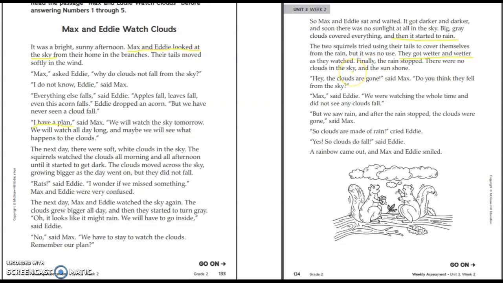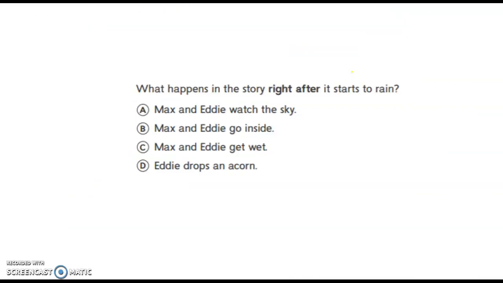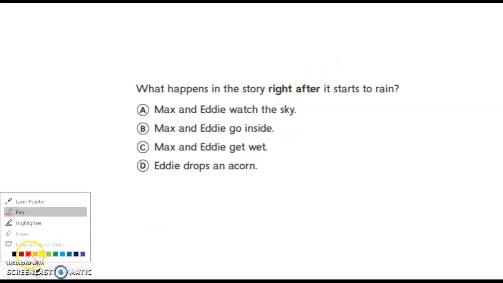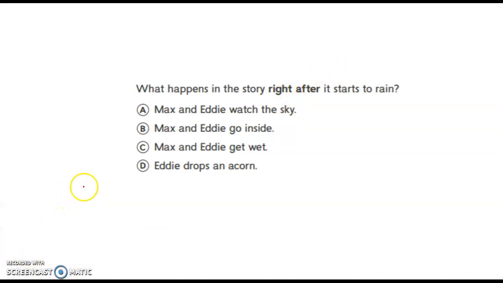So there's my text evidence that answers the question. So they watch the sky. Let's get a different color. Well, they were doing that before, so we know that's not the right answer. They go inside. They didn't go inside. They got wet? Yes, we found text evidence that shows that they got wet. They drop an acorn. We know that's not the right answer.